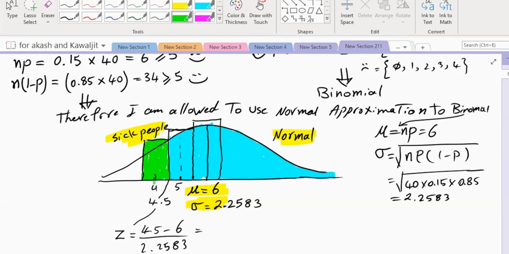It is binomial. We are just using a normal approximation. The fact that we are using normal approximation doesn't allow us, if we want this column 5, just because we want to use normal, to use half of it.